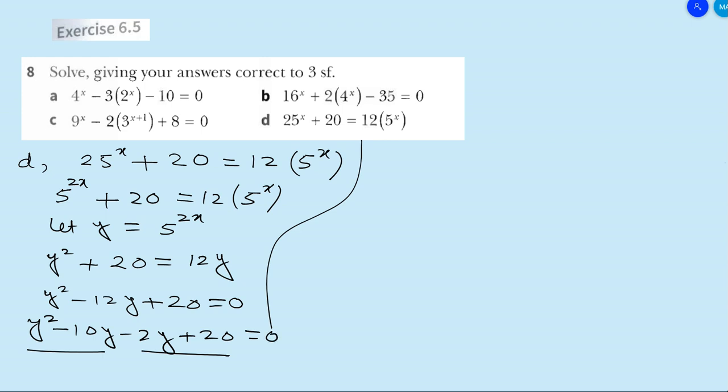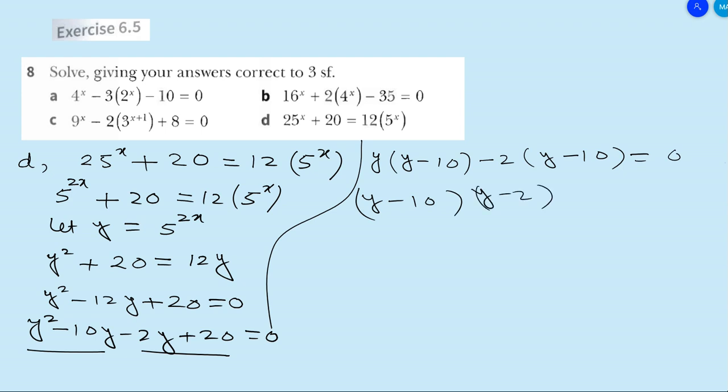Taking y common in the first two, it will be y minus 10, and in the last two, minus 2, it will be y minus 10 is equal to 0. This implies that y minus 10 and y minus 2 is equal to 0. This implies that y is equal to 10 and y is equal to 2.